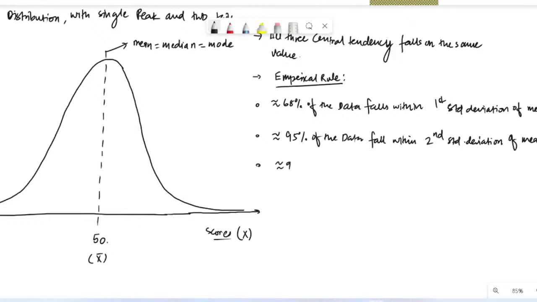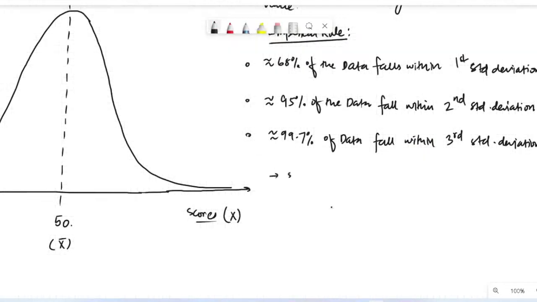And the third point is that 99.7% of the data will fall within the third standard deviation of the mean. These are your three rules, which are also features of normally distributed data. Also, one of the important properties is that it is symmetrical. It will be symmetrical around the mean.